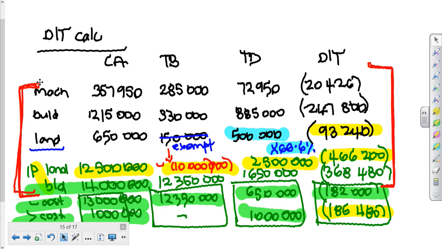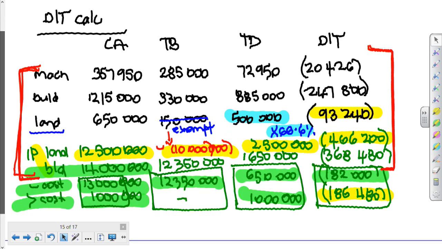Remember, for deferred tax notes, there are 2 ways of showing the note. You can show by account, which is the one that I'm proposing you do, or you can show by temporary difference. If you show by temporary difference, do you agree that for investment property land, I have 2 different types of temporary differences? I have a temporary difference which is an accelerated building allowance, and I have a temporary difference which is a capital gain.